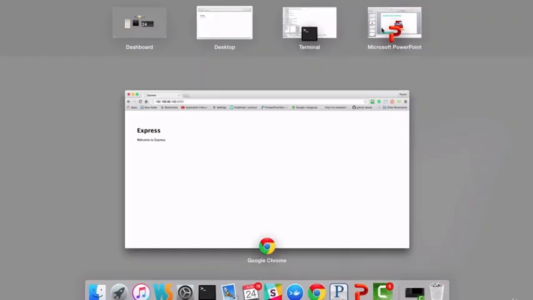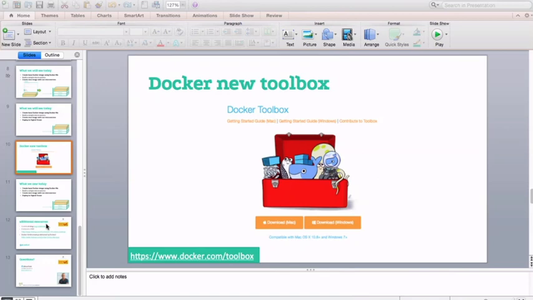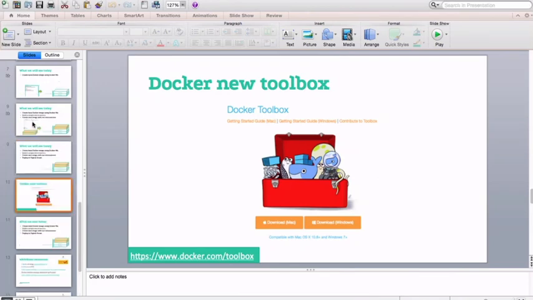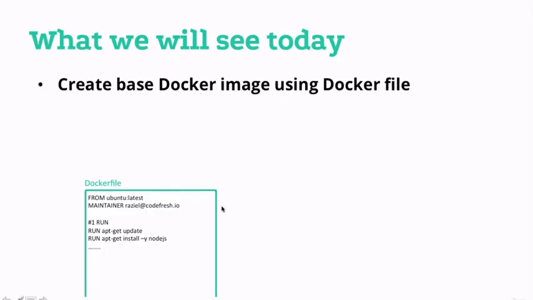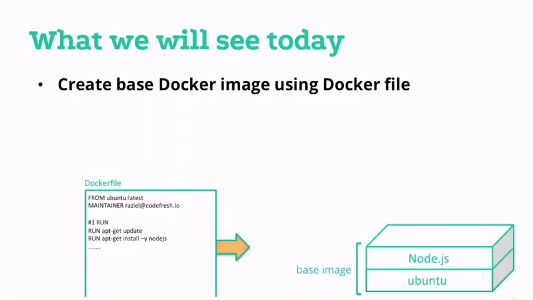Let's recap quickly what we did. What we basically did today so far is we created a basic Dockerfile, and we passed it to the Docker daemon in the docker build command, and that resulted in a base image that includes Ubuntu and Node.js.